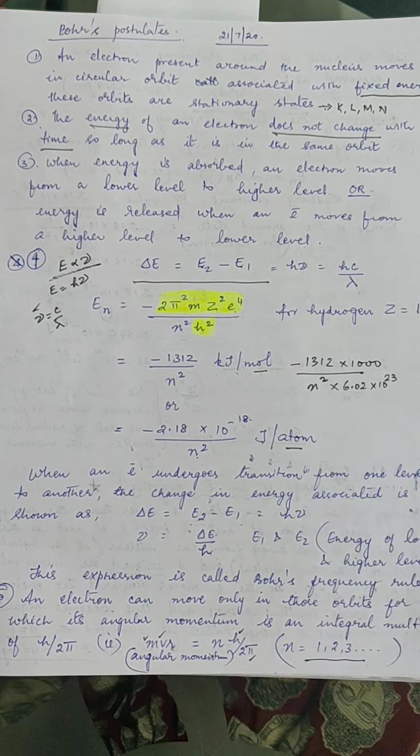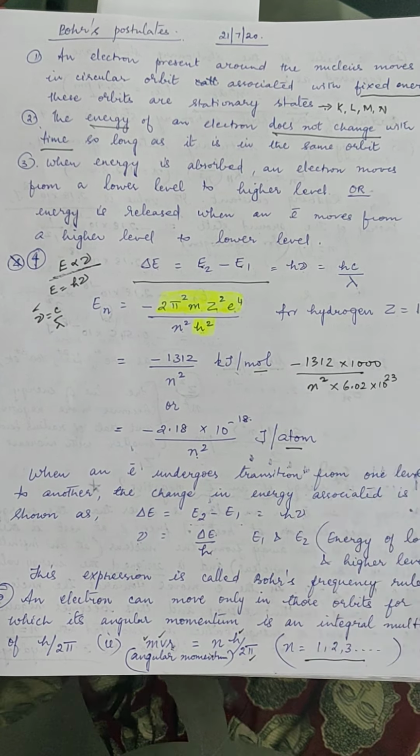Minus RH into 1 upon n final square, minus of minus RH into 1 upon n initial square. So n final square, and here it is n initial square. Now this is E final minus E initial, so that is what I have represented here. Now minus of minus will become plus. So this will be minus RH into 1 upon n final square plus RH into 1 upon n initial square.